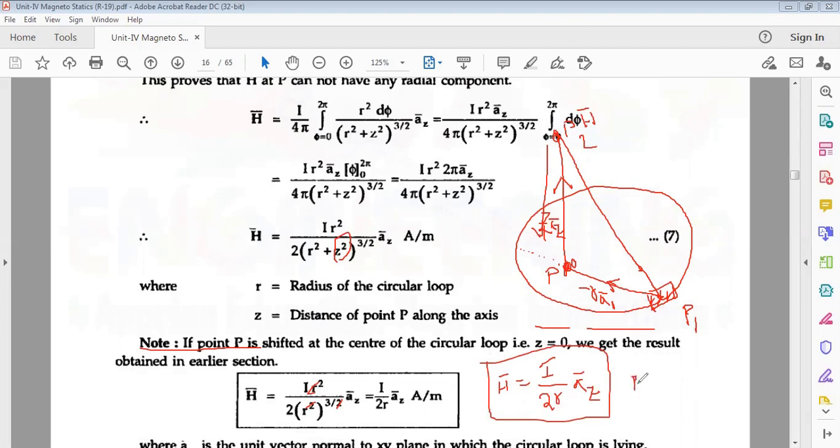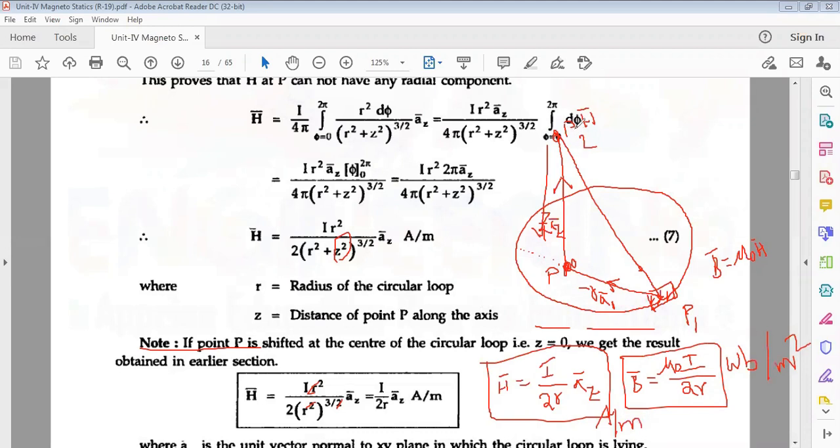B bar is equal to mu naught into H bar, in Weber per meter square, and H is in ampere per meter.